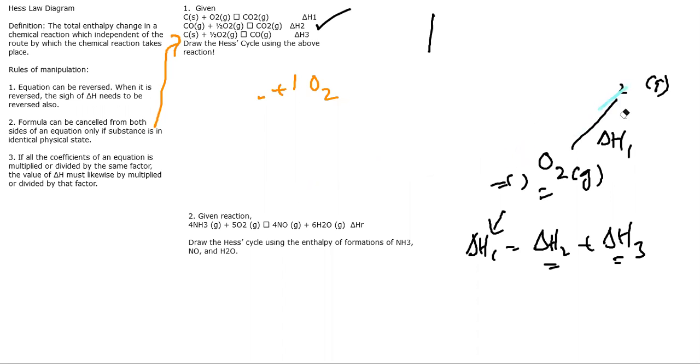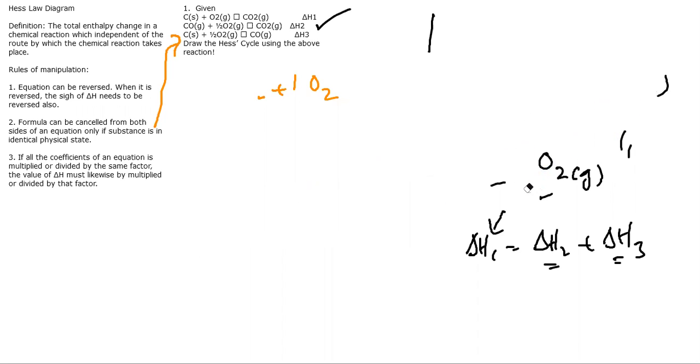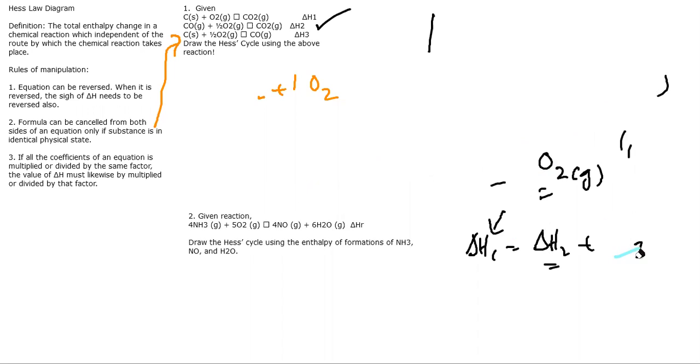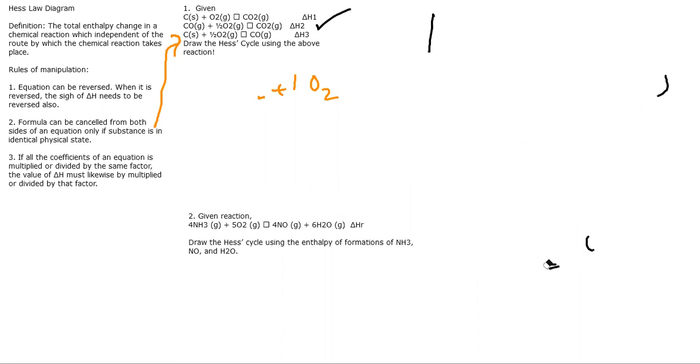And then if you look at question number 2, we can see that here we have a reaction between ammonia and oxygen to give nitrogen monoxide, and also water. So how do we draw the Hess diagram for this one?